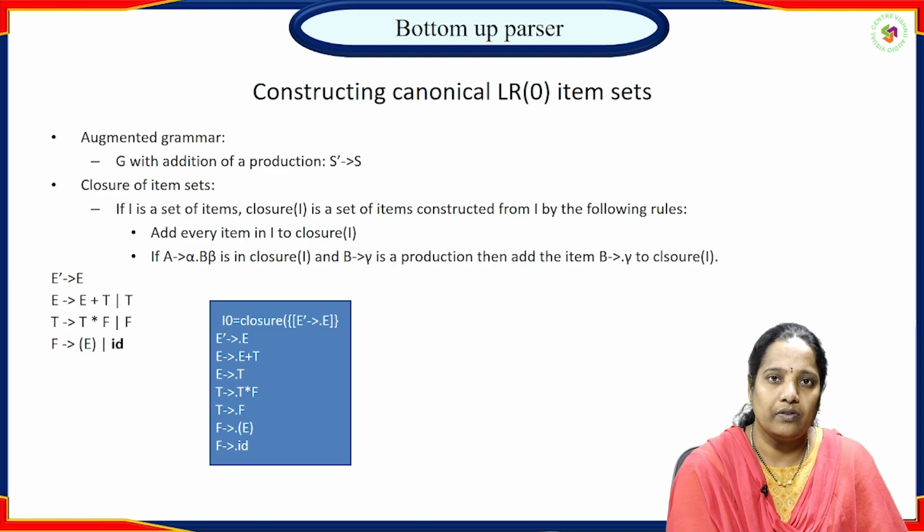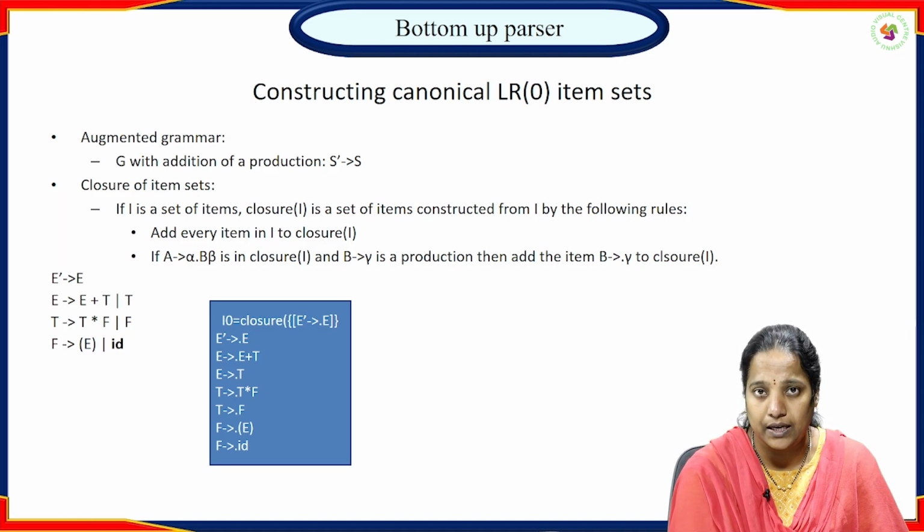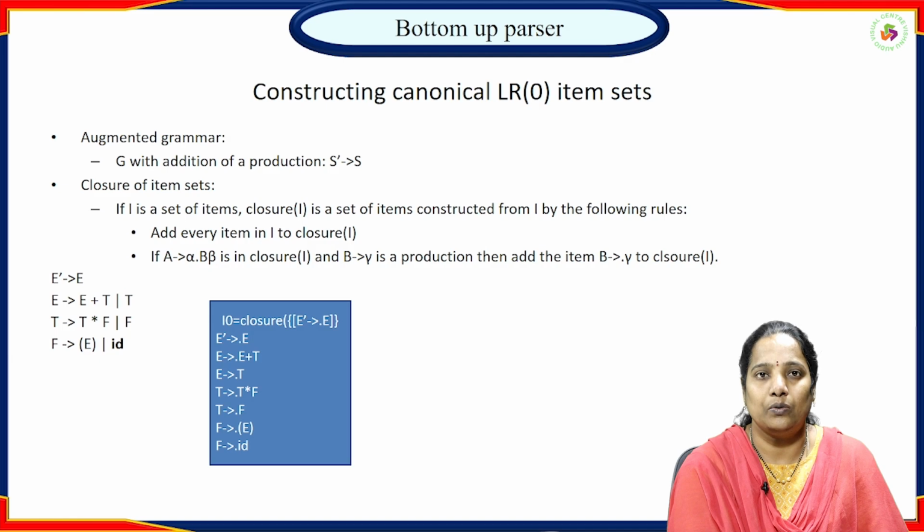Here we start our production representation with the starting symbol S, and then take the new production symbol as S dash. To link the new production symbol to the existing grammar, we take S dash tends to S. By that we have the continuity to connect the next grammar symbols.